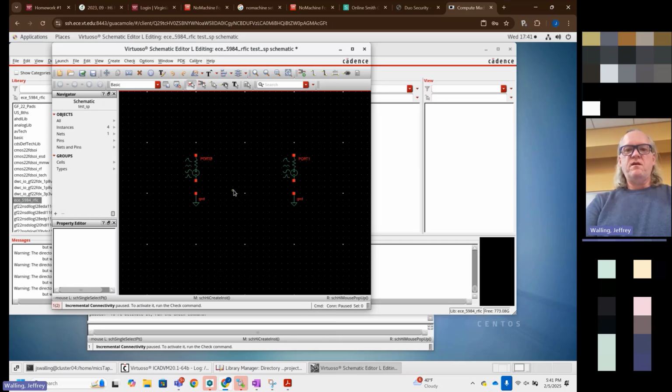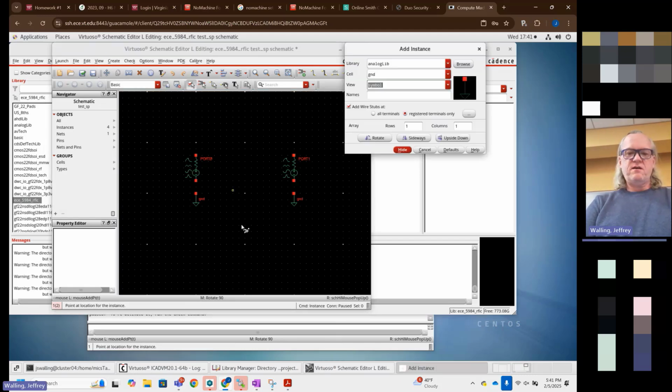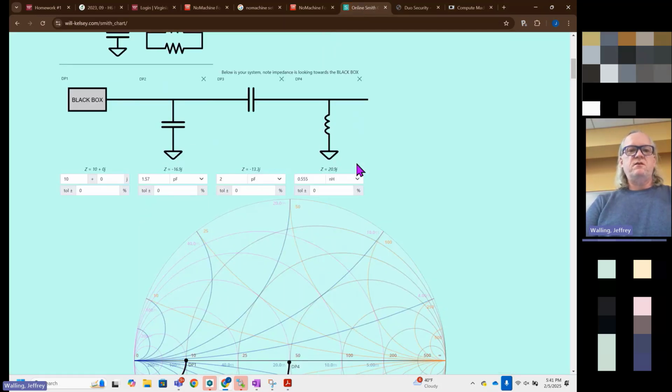All right. And then we needed to add components. What was our match again? It was, starting from the 10 ohm side, cap. Okay.